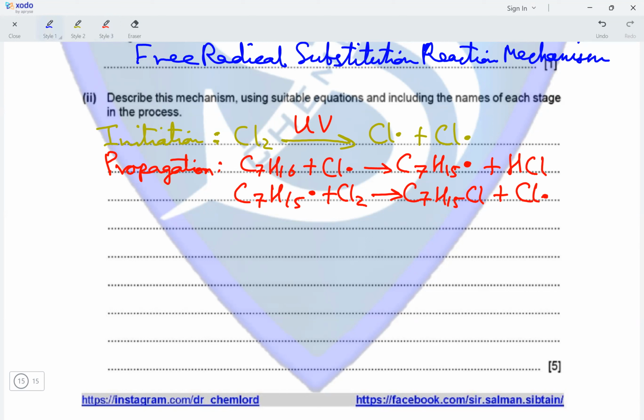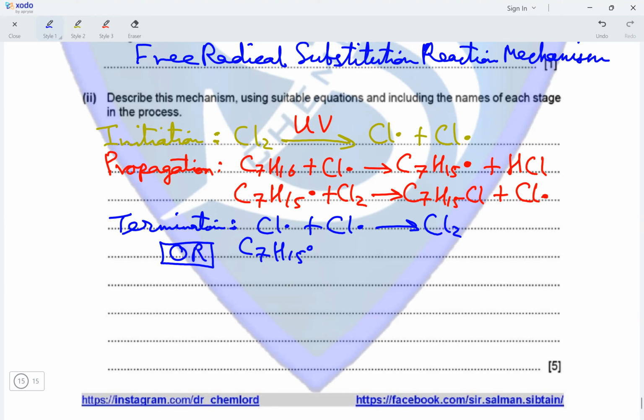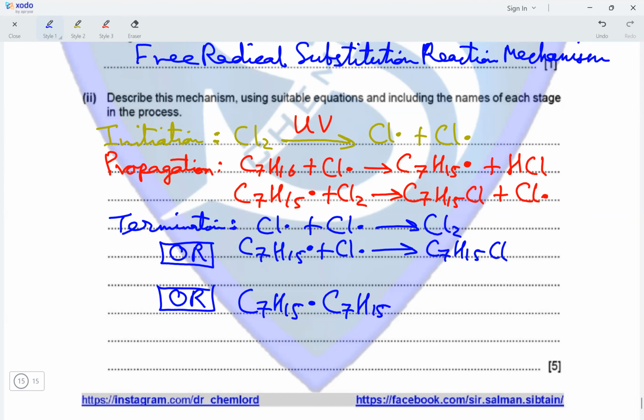So now we move on to the termination step. The termination step would include either two chlorine free radicals colliding with each other to produce Cl2, or a C7H15 free radical colliding with a chlorine free radical producing C7H15Cl monochloroheptane, or we can also have two C7H15 free radicals colliding together and forming a large molecule of C14H30.